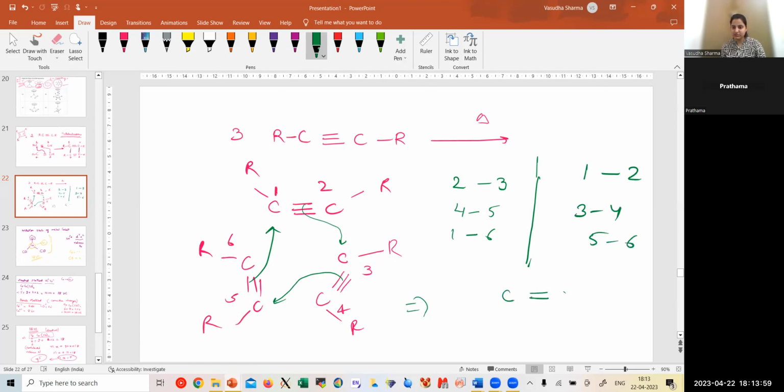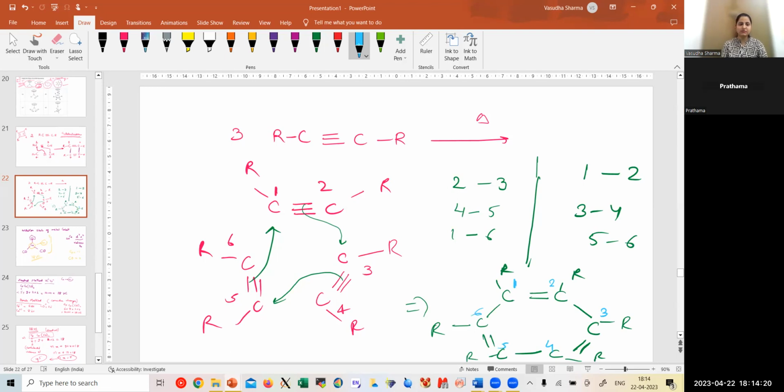C double bond C, single bond C, double bond C, single bond C, double bond C, and this single bond C, R and R. So all the carbons are having substitution. So this is 1, 2, 3, 4, 5, and 6. This is nothing but your benzene ring, that arene ring that we are having, with the substitution of R groups.